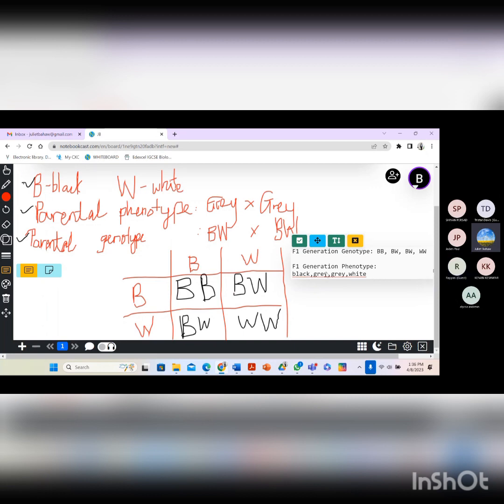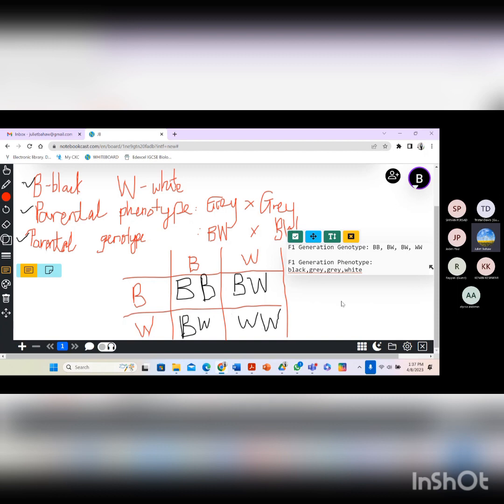Next question. BW has a chance to produce black or white. Yeah, that's what we are getting right now. So from this cross, this diagram here, we are seeing that even though the parents are gray, there's a slim possibility. I use the word slim because this is 1, 2, 3, 4 chances.